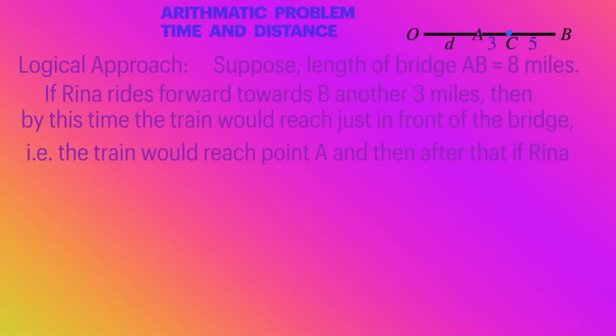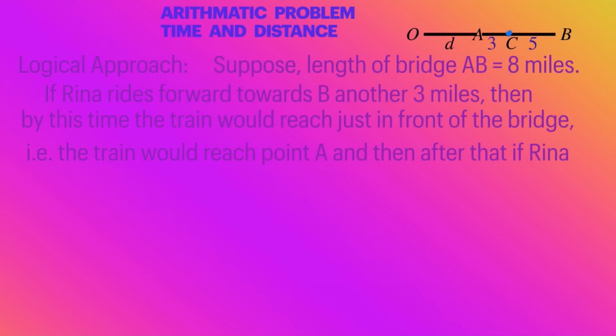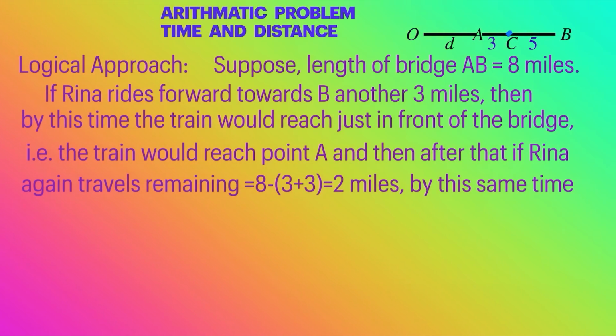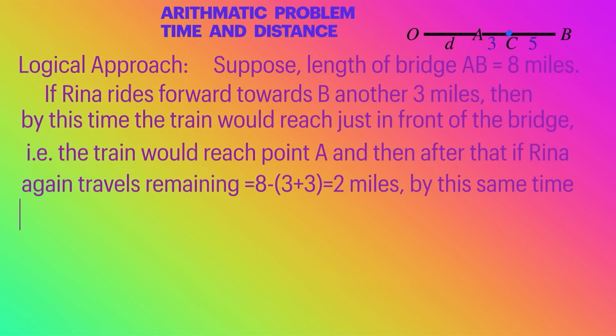The train would reach point A, and then if Rina travels the remaining 2 miles, by the same time the train would travel from A to B just to cross the bridge.